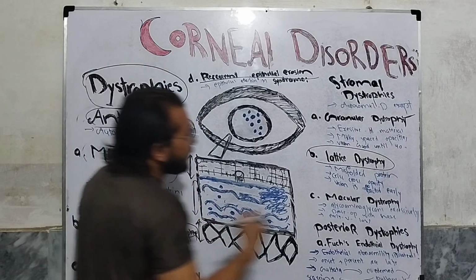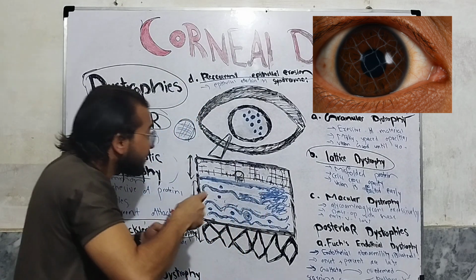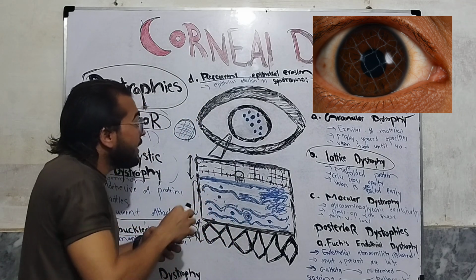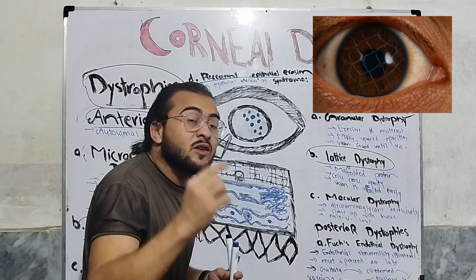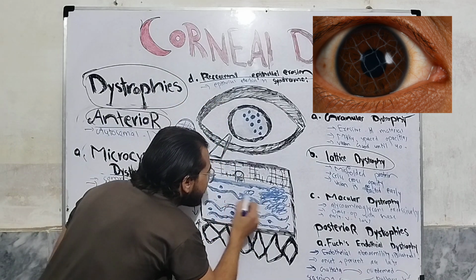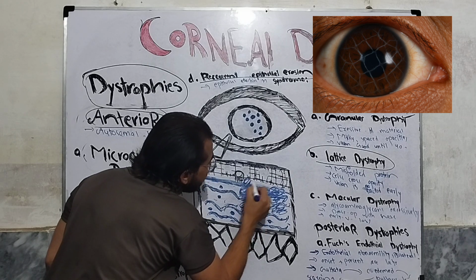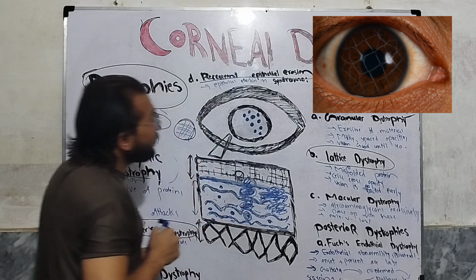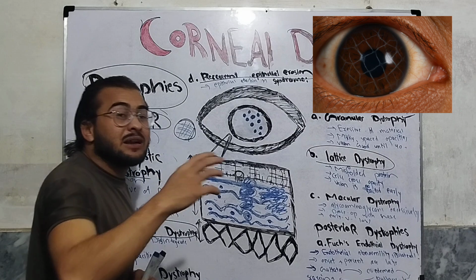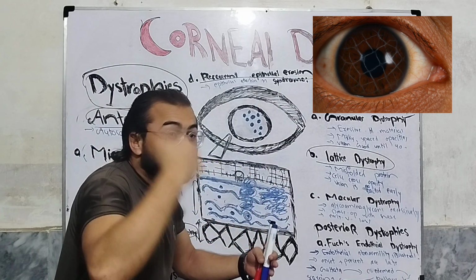The second one is the lattice dystrophy. In lattice dystrophy, there is deposition in the stroma of a misfolded protein called amyloid. So there will be excessive deposition of amyloid in the stroma. Clinically, the opacities will look like crisscross lines, as if there are cracks in the window.